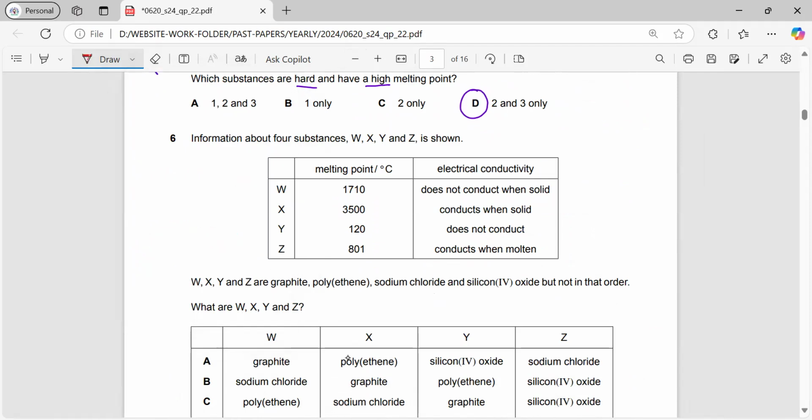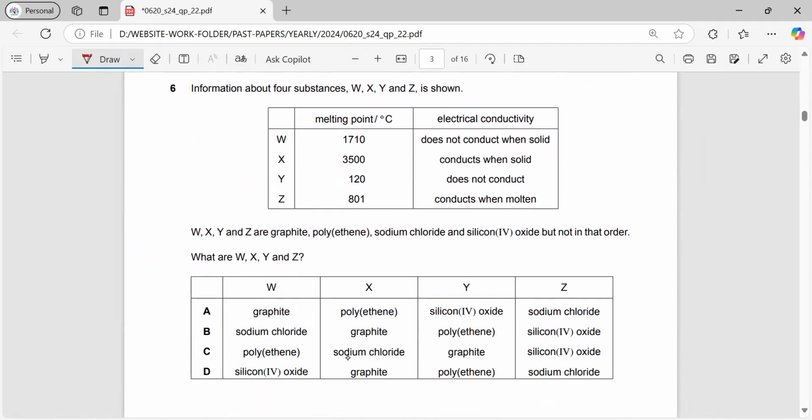Next, question number 6. Information about 4 substances W, X, Y, and Z is shown: melting point and electrical conductivity. W has melting point 1710 and does not conduct when solid. X also has a very high melting point, but it conducts electricity when solid.